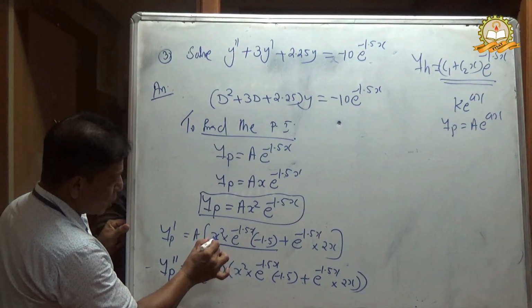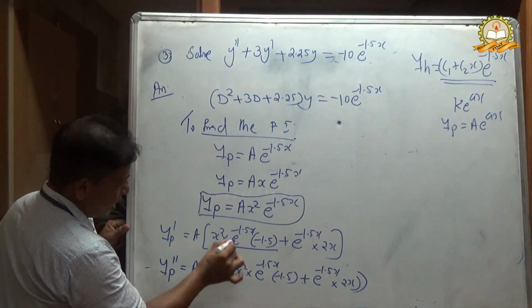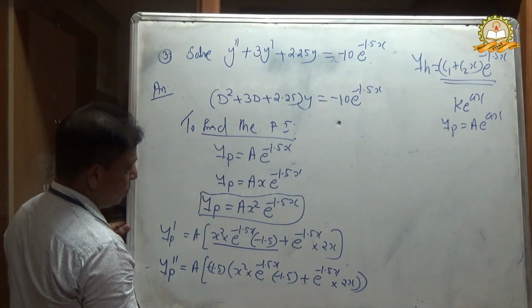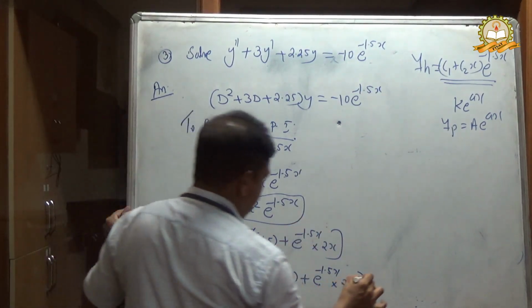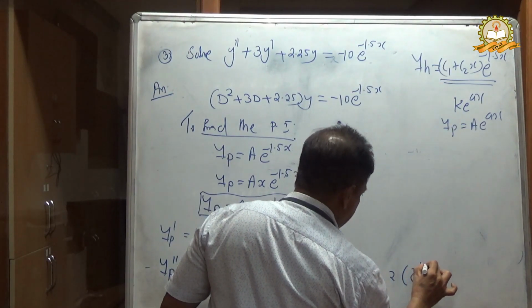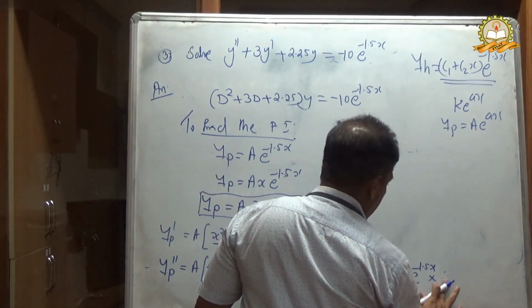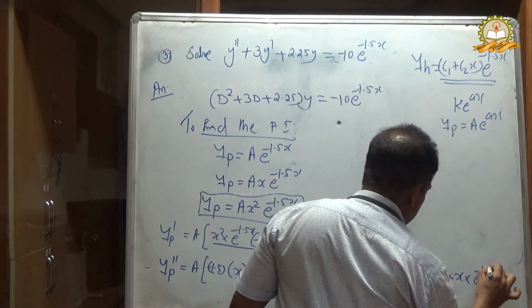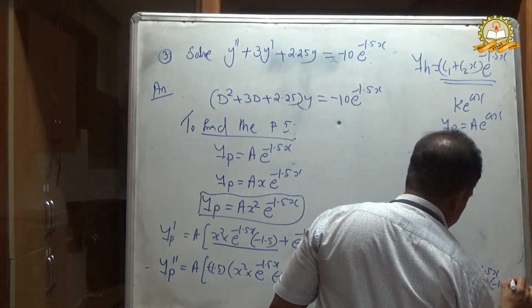Then we apply the product rule: x square into the derivative of e raised to minus 1.5x, that is e raised to minus 1.5x into minus 1.5, plus e raised to minus 1.5x into 2x. Then plus the second case, 2 taken outside, e raised to minus 1.5x into 1 plus x into e raised to minus 1.5x into minus 1.5.